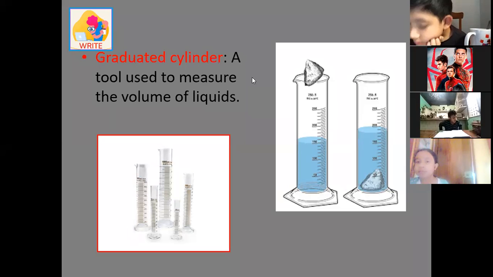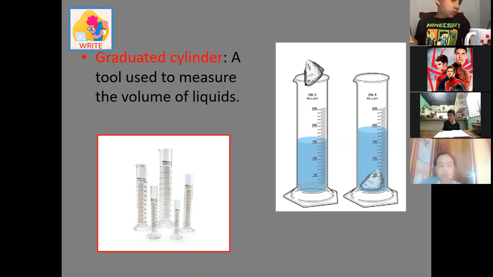If you're going to make a recipe that needs 3/4 cups of milk, we use the graduated cup to measure the milk.